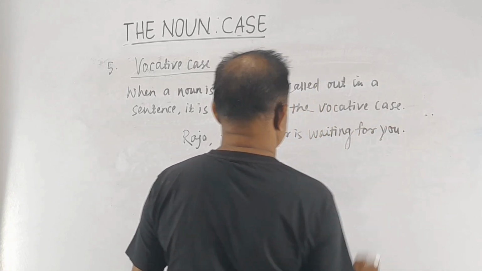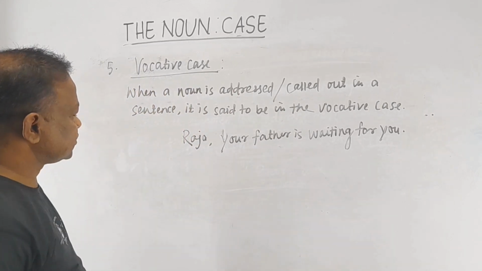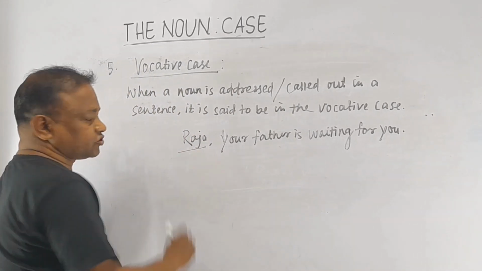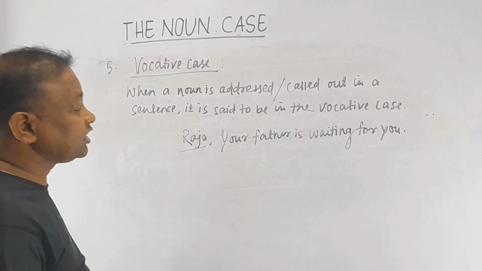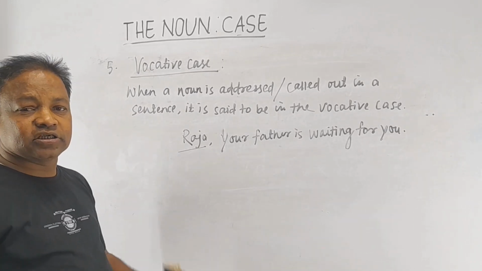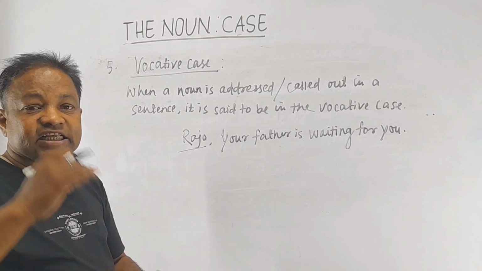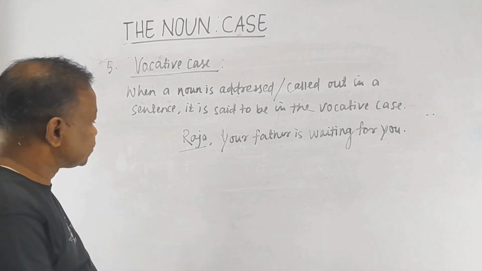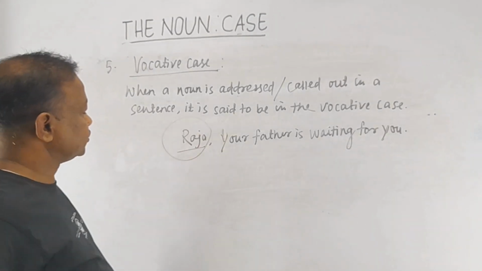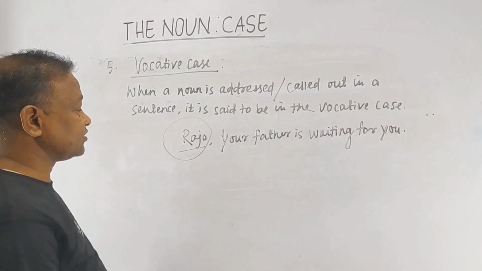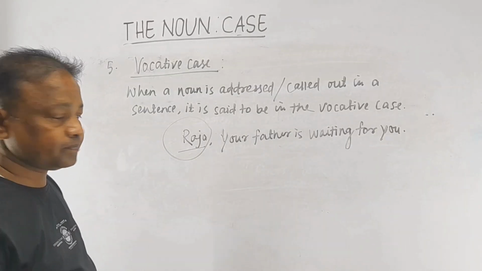Listen. In this sentence, Raja is addressed. Raja, your father is waiting for you. That means Raja is told. Someone is telling Raja that his father is waiting for him. So here Raja is addressed. So Raja is in the vocative case. Okay?